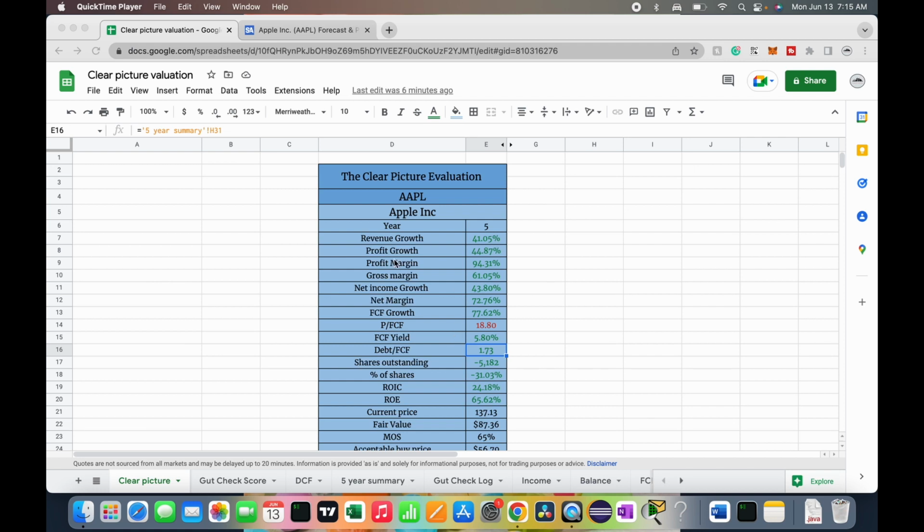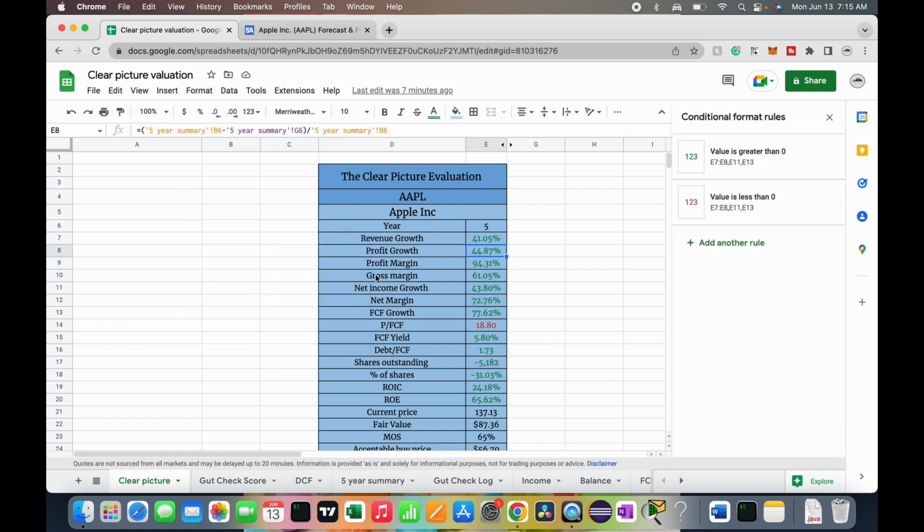So revenue growth, profit growth, and net income have to be above zero, which we see. Profit growth, let's just check this out real quick, is over zero. Gross margin, I have set it to over 40 to be a good valuation of gross margin.